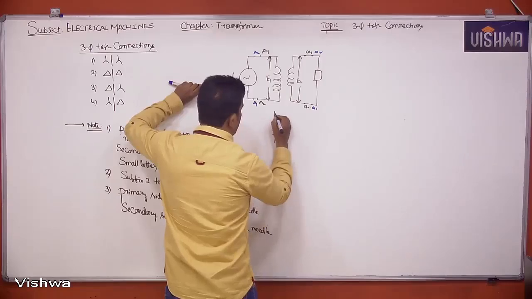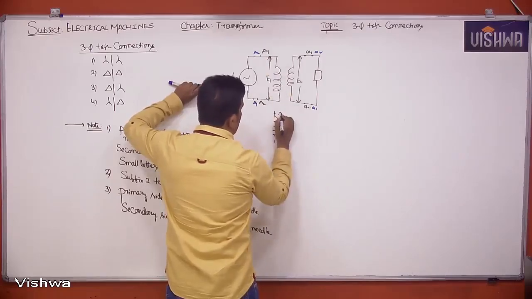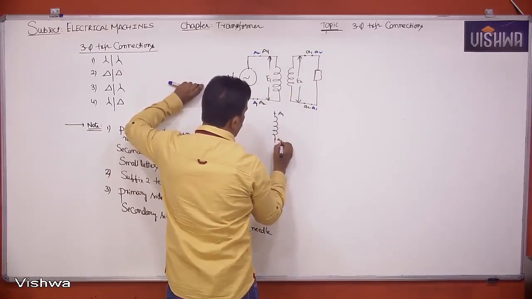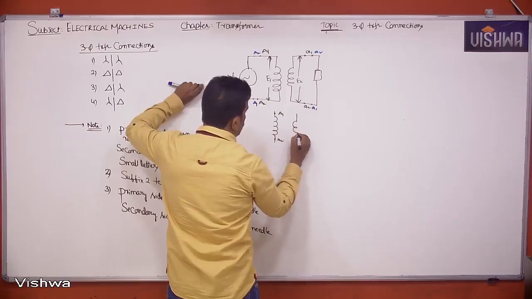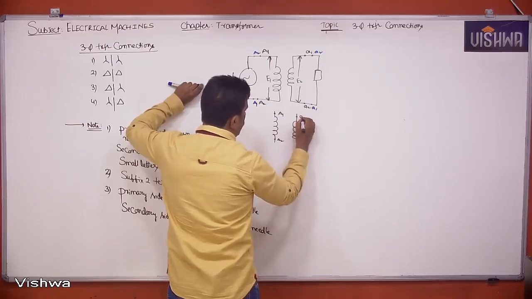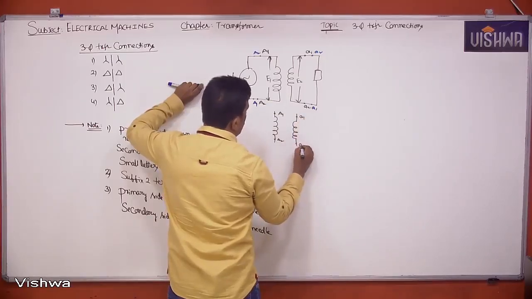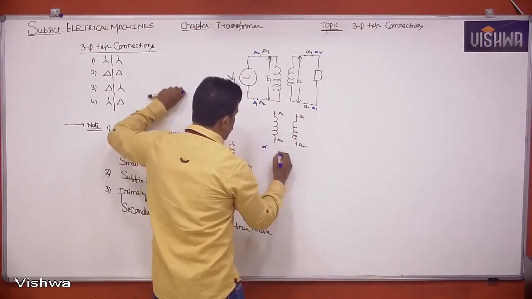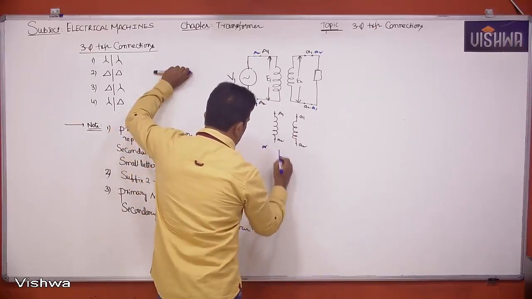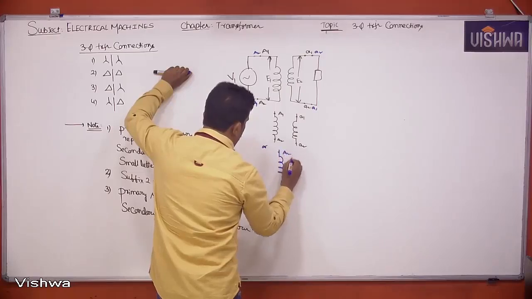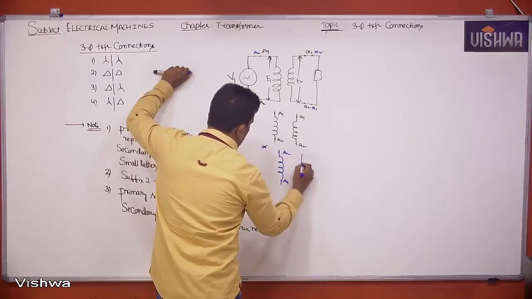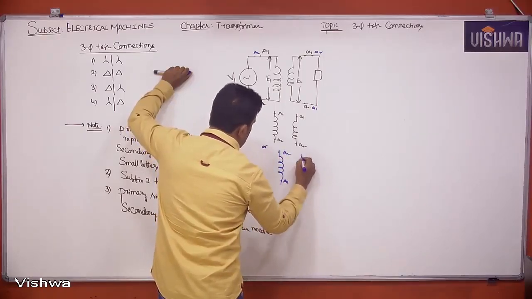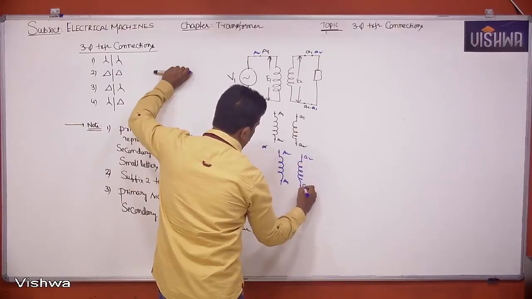Now, indirectly, observe clearly: if the primary vector terminals are A1 and A2, the secondary vector should be small a1, small a2. Or if the primary vector terminals are A2, A1, then this is small a2 and this is small a1.